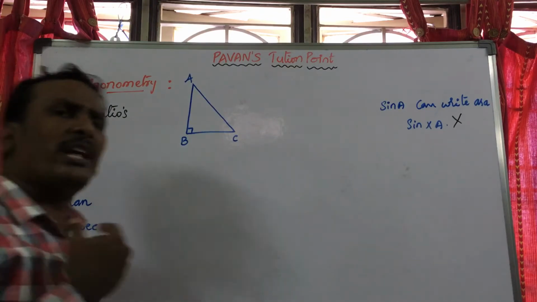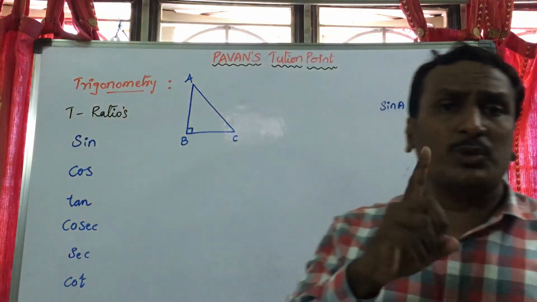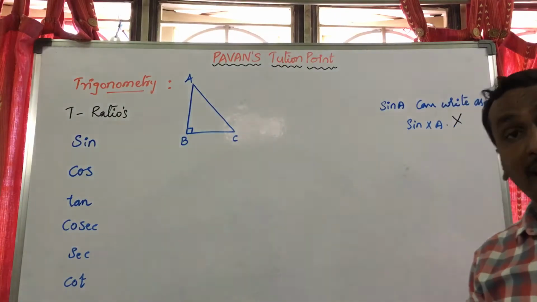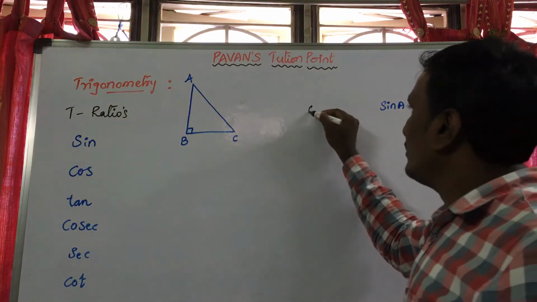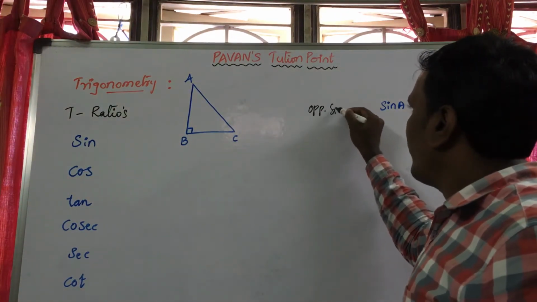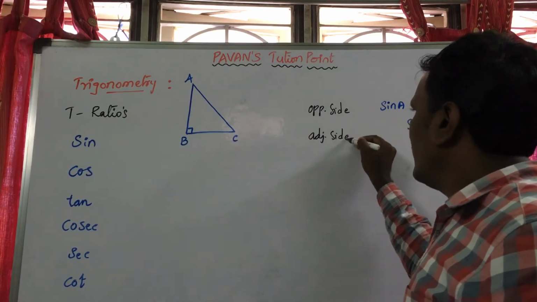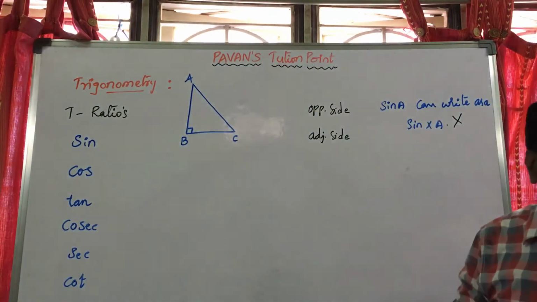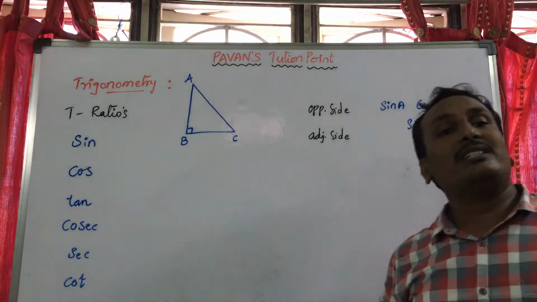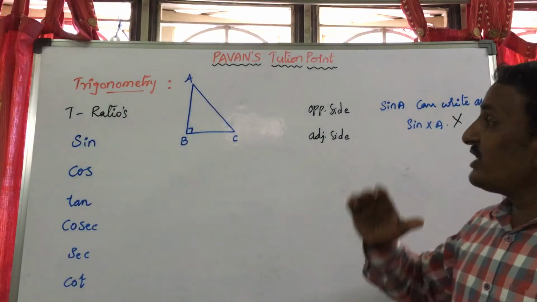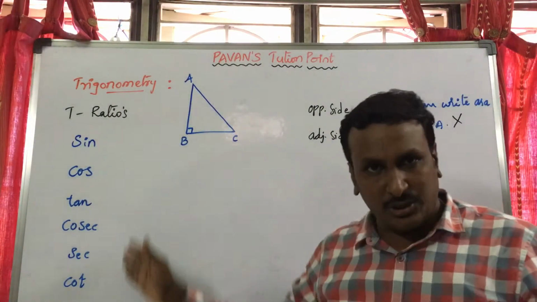Before going to derive the trigonometric ratios, you need to know about the opposite side and adjacent side. So what are the opposite side and the adjacent side? The opposite side is the side opposite the angle for which we are going to calculate the ratios.